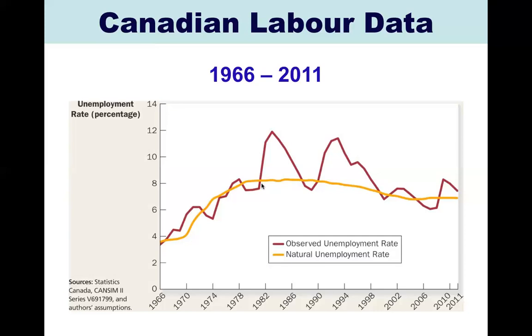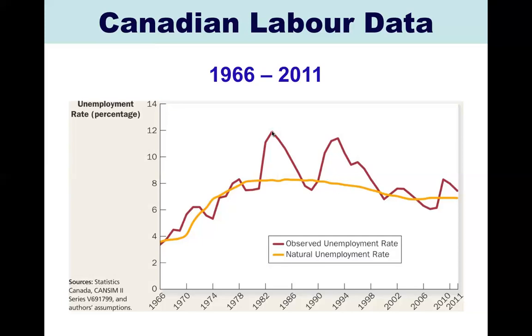And the government and central bank of Canada wanted to decrease inflation, i.e., they wanted to disinflate the economy. So we see in the early to mid 80s, the unemployment rate goes very, very high.